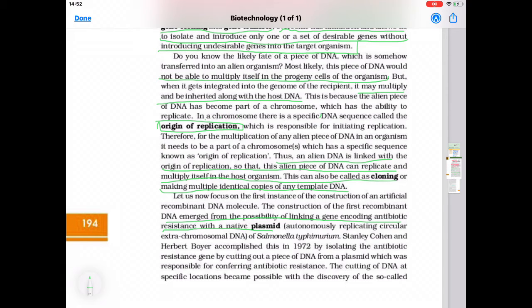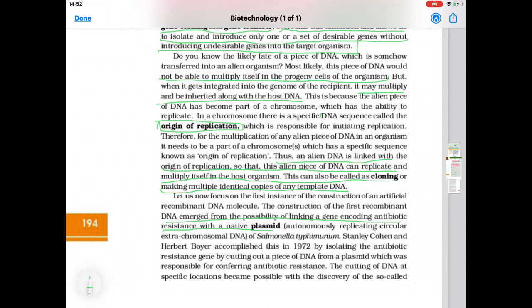In bacteria, the main DNA is circular, and along with that some small circular bodies are present, known as plasmids. In prokaryotes, one DNA molecule is present, and along with that, some circular plasmids are present, which are extrachromosomal DNA.